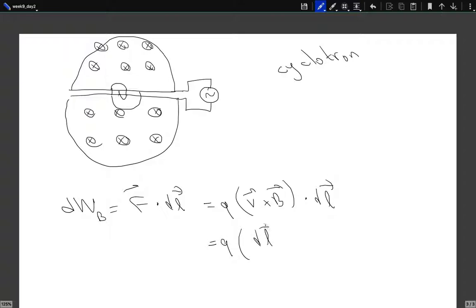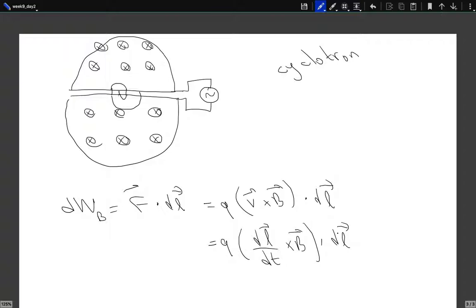But v is nothing but dl over dt. If there is no other force acting on my system, or even if there is a force acting on my system, the velocity of the object is nothing but a very small change, but that very small change is what we call the dl. If that change happens in a time dt, this is what we call the velocity of the object.